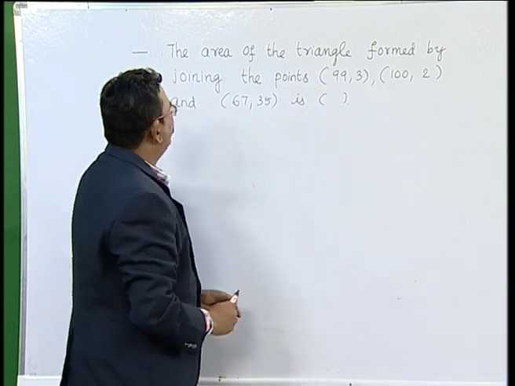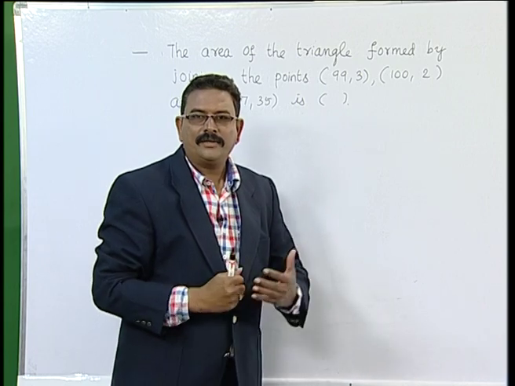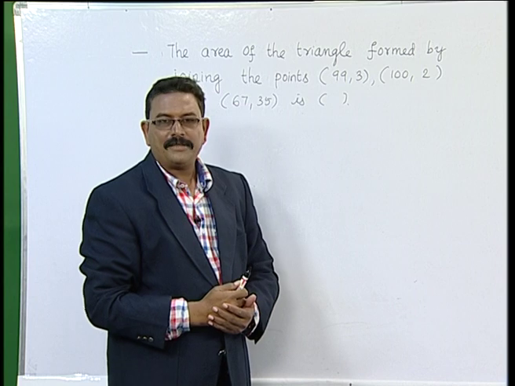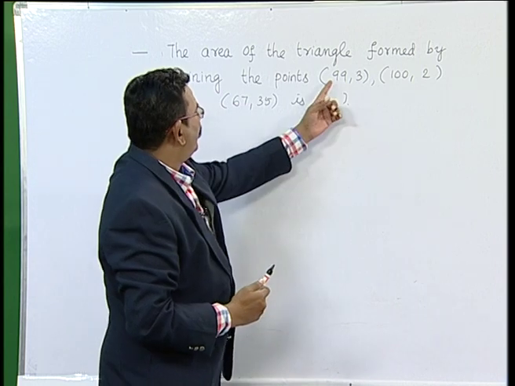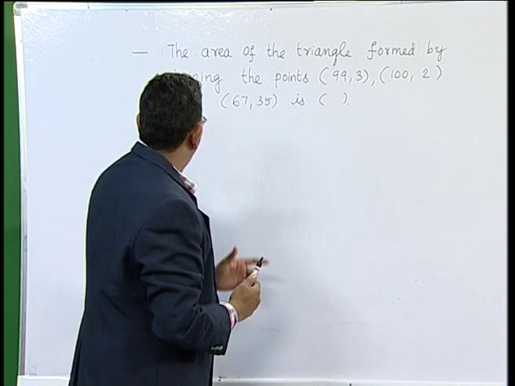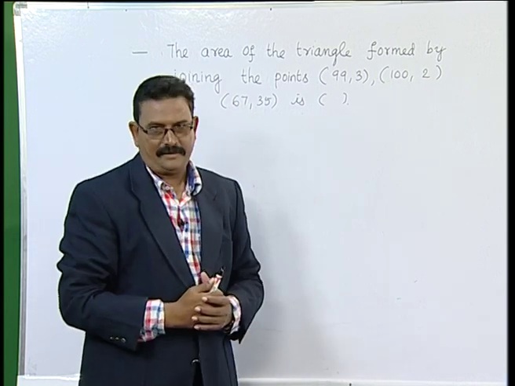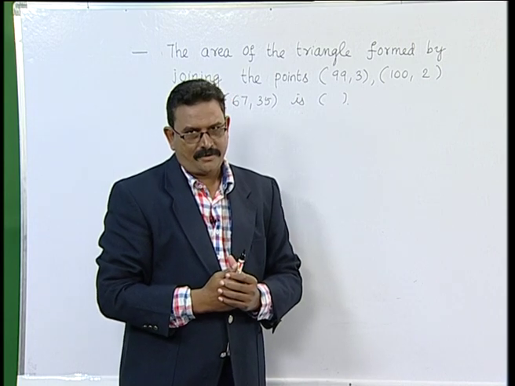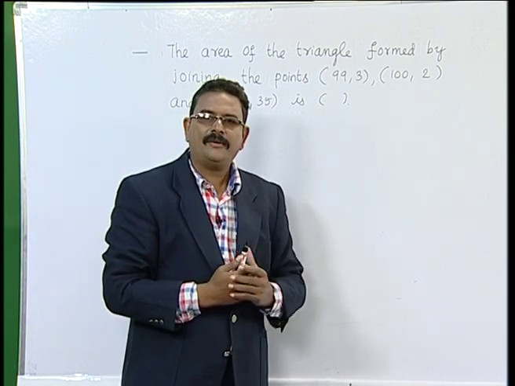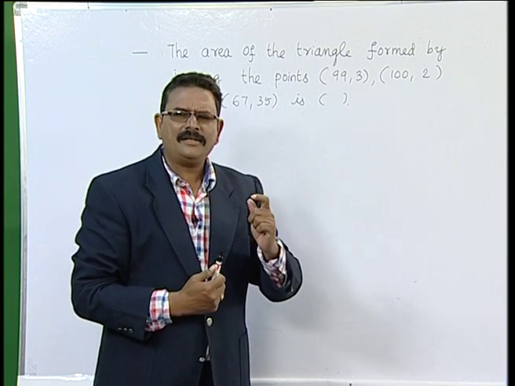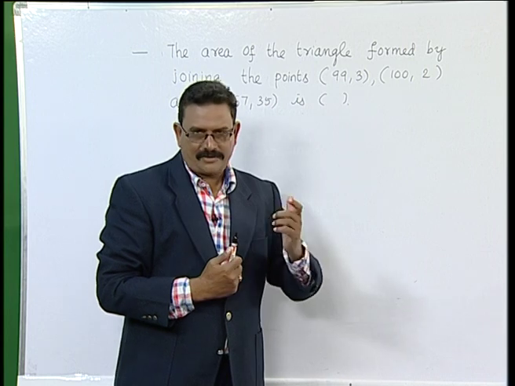See, you are asked to find out the area of the triangle formed by the points (99, 3), (100, 2) and (67, 35). You know, different methods you can adopt, but of all the methods, in competitive entrance examinations there may be one trick in the question.